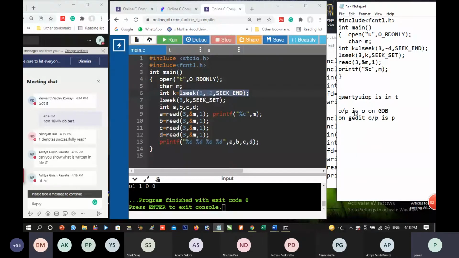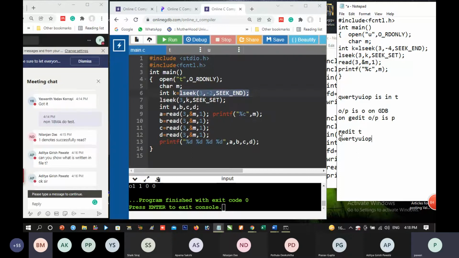When we try to write it in the file, we shall be typing it. How shall we type it? We shall type it as gedit, and we shall type QWERTYUIOP.